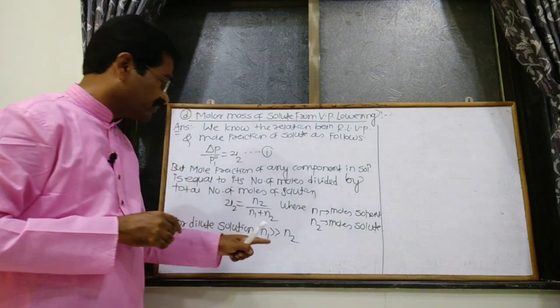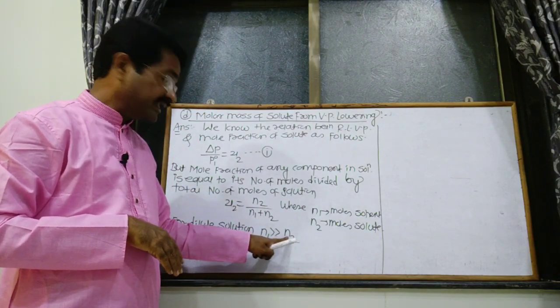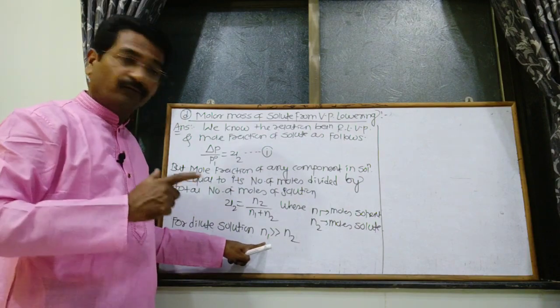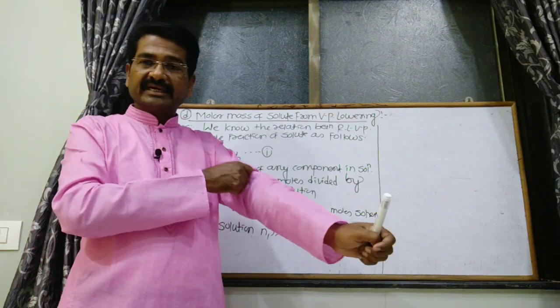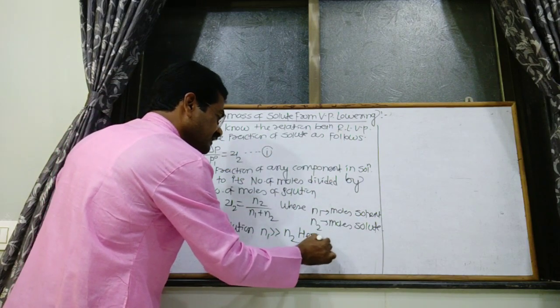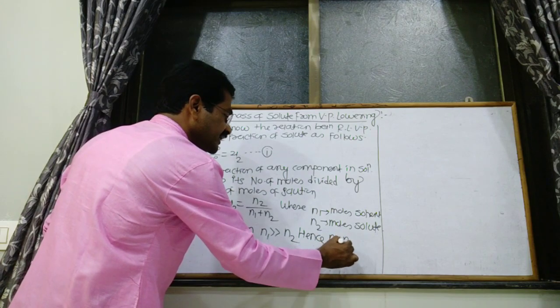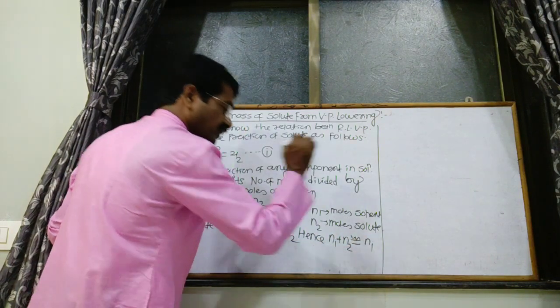In a dilute solution, n2 is negligible and n1 is much higher. Therefore, n1 is greater than n2, and hence n1 plus n2 is approximately equal to n1.